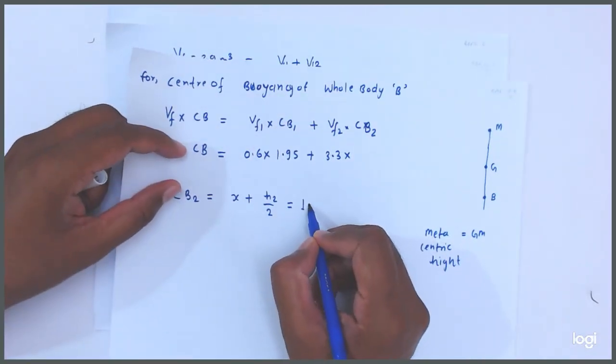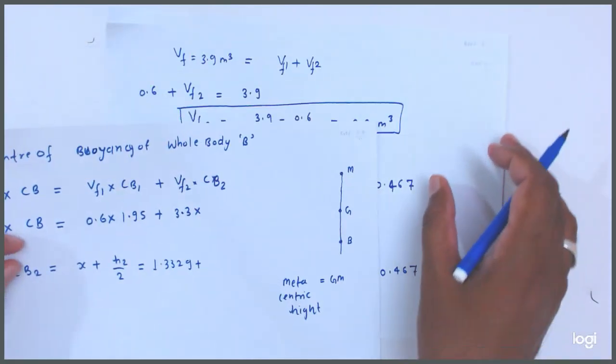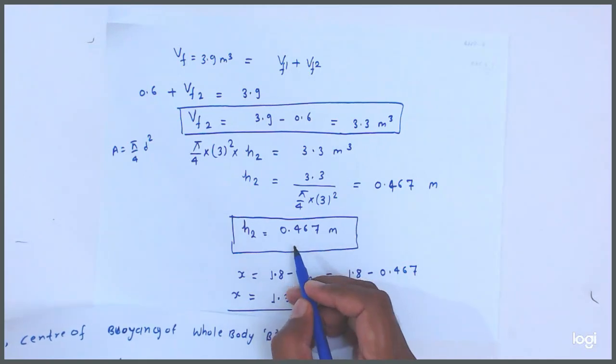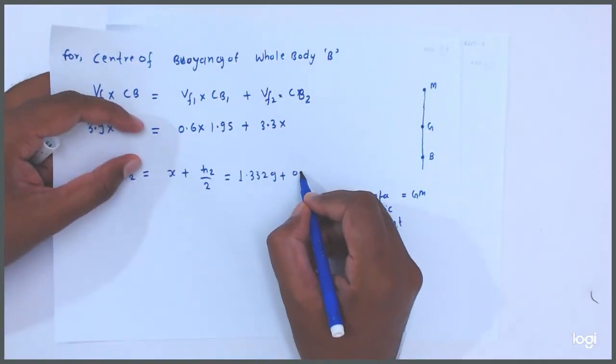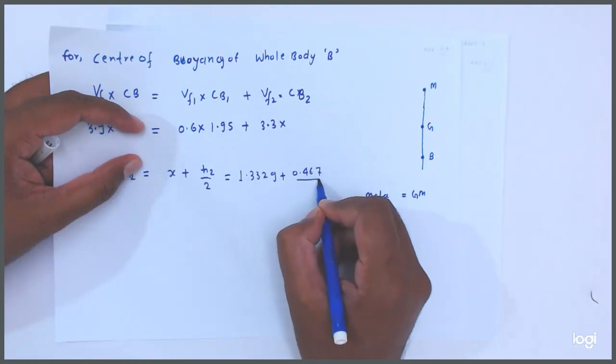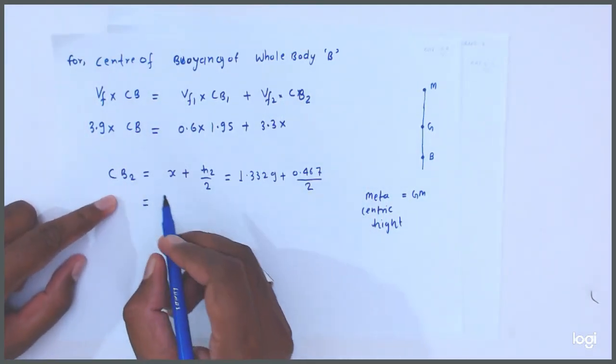So x is equal to 1.3329 plus h2 by 2. The h2 value is 0.467 divided by 2. This is the CB2 distance.